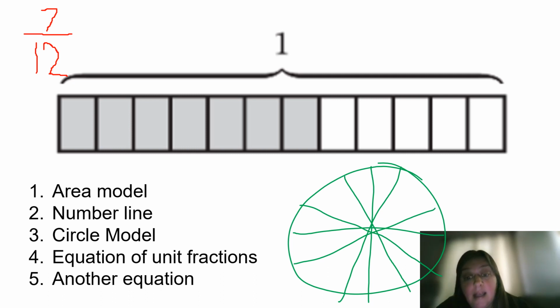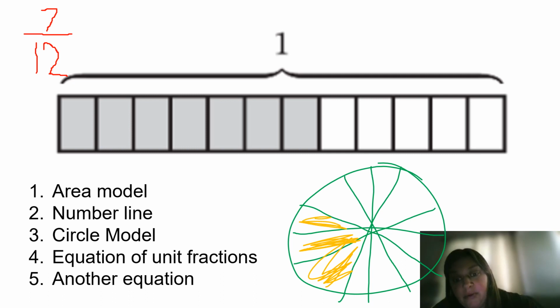Okay, again, it's not perfect. I should be being more precise. I hope you are. And then how many units would we shade in? 7, because the numerator says so. So we're going to color in 7. That means maybe those are the 7 pieces of pizza that are already claimed. 3, 4.